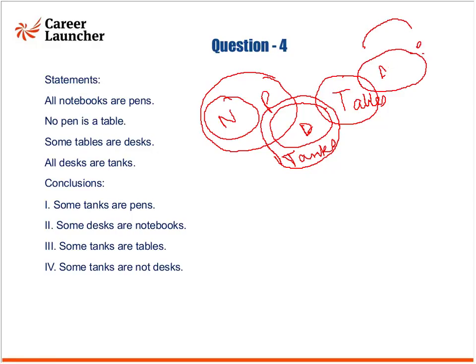And then all desks are tanks, so I could have taken tanks here. So now let's see. Some tanks are pens here, but here no tanks are pens, so this does not follow. In this case it was, but in this case it was not, so here we strike out the first conclusion.